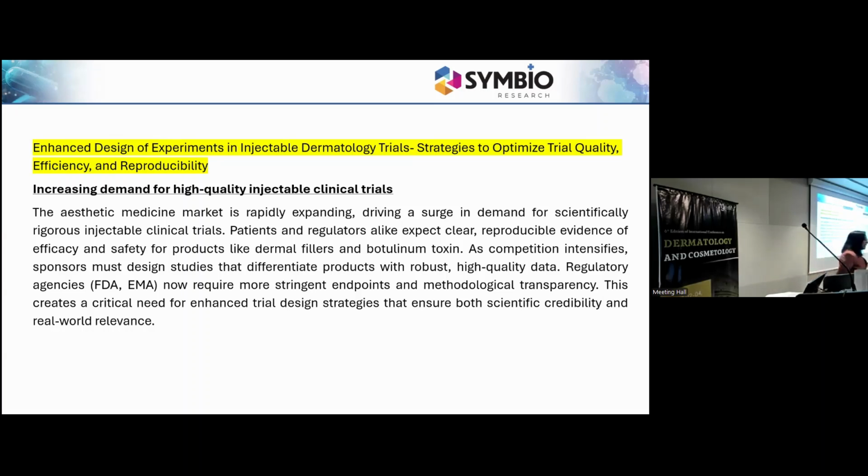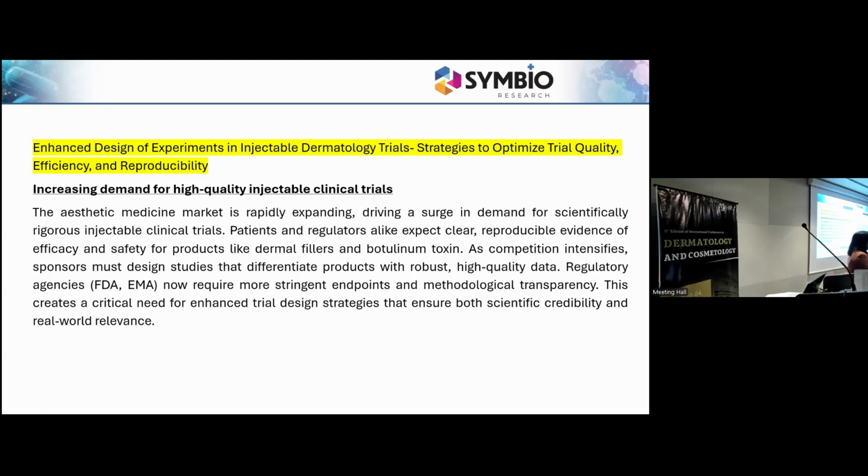But now, with the surge of new technologies, new molecules, new methods to do non-invasive or minimally invasive procedures, and the use of different needles, the size of needles, all these things really matter a lot in practice. And there is very high competition among manufacturers to attain FDA approval.